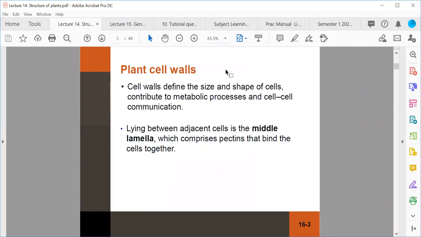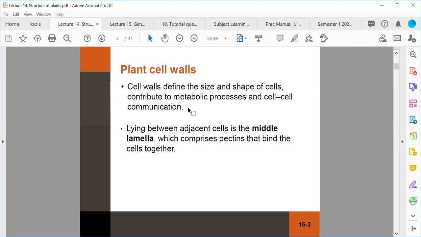So let's start with plant cell walls. As you all know, most plant cells are surrounded by cell walls, and cell walls function primarily to define the size and shape of cells, but they also contribute to metabolic processes. There are some enzymes located on the plant cell wall, and they're also thought to be involved in communication between cells.